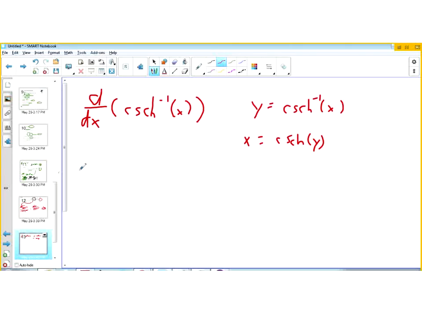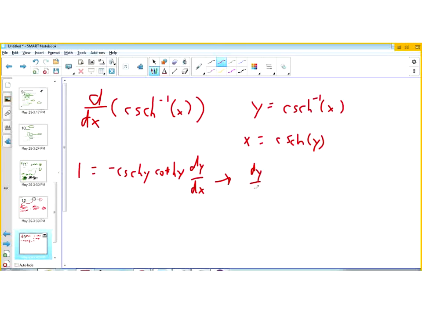Right? And so now if I differentiate both sides with respect to x, I'll have 1 is equal to minus hyperbolic cosecant of y, hyperbolic cotangent of y, times the derivative of y with respect to x by implicit differentiation. And now all I'll do is solve for dy over dx.